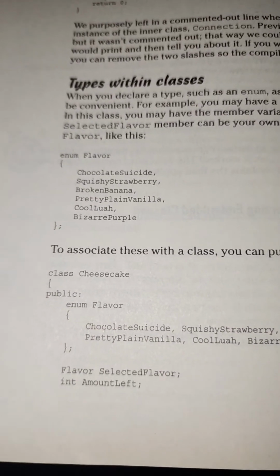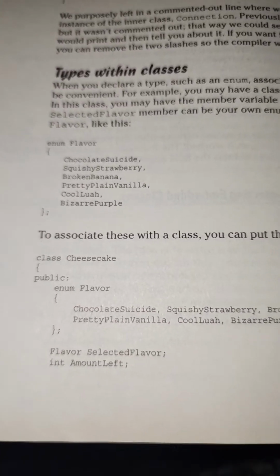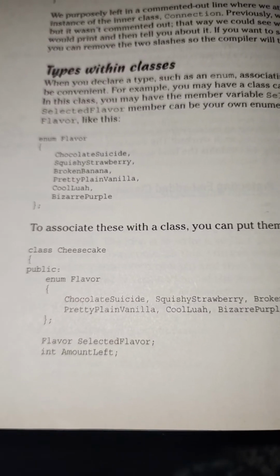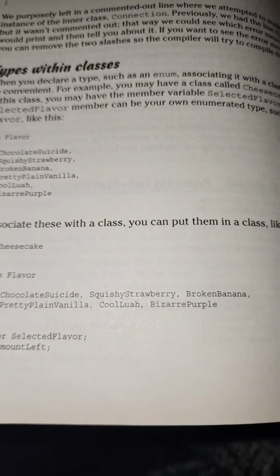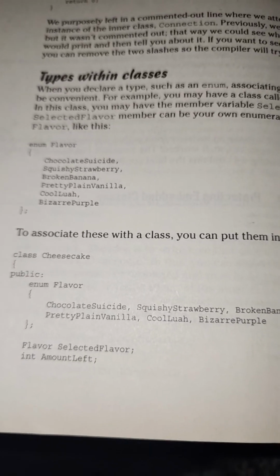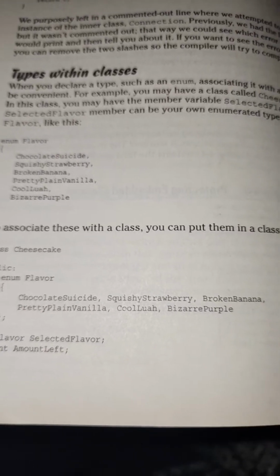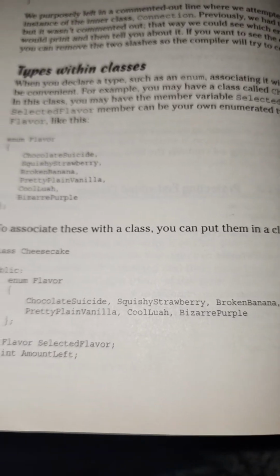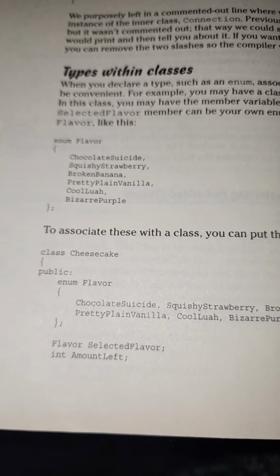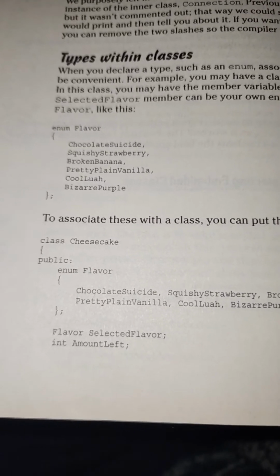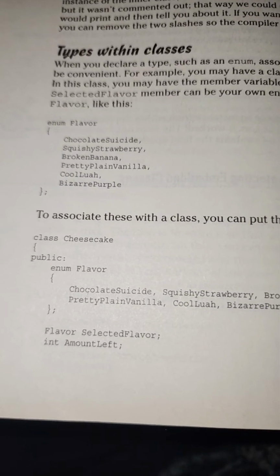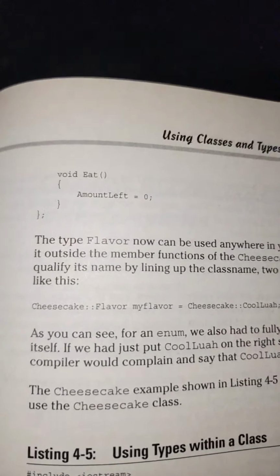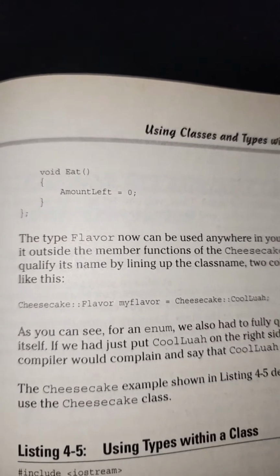Class Cheesecake, public, enum Flavor, with the same values. Flavor selectedFlavor, int amountLeft, void eat, amountLeft equals 0.